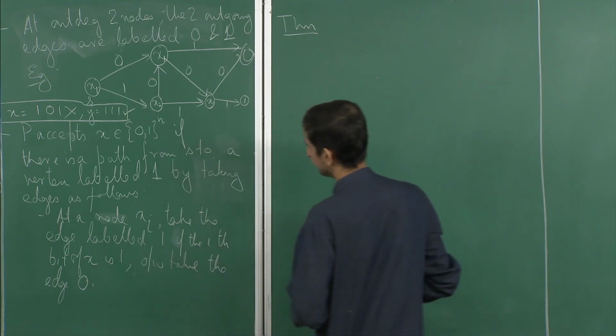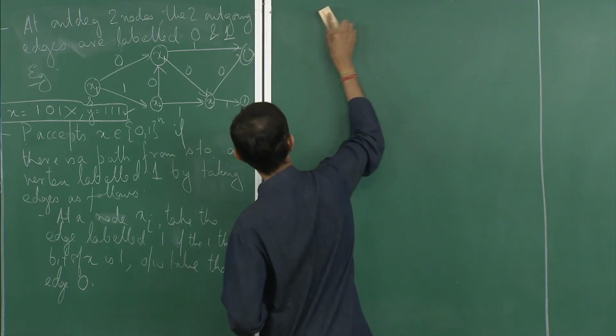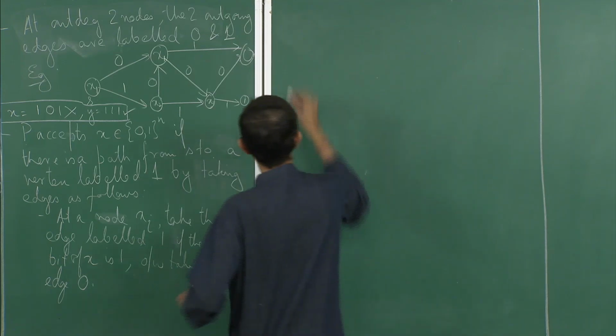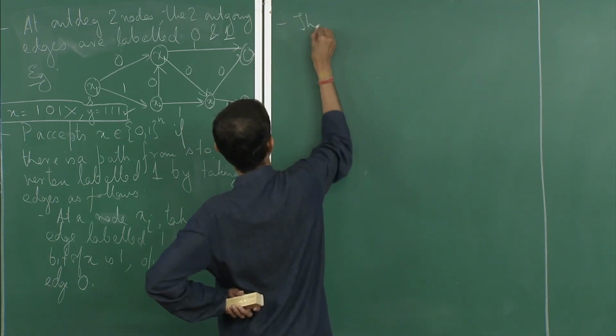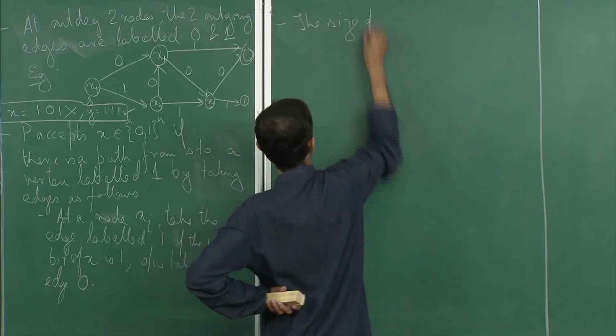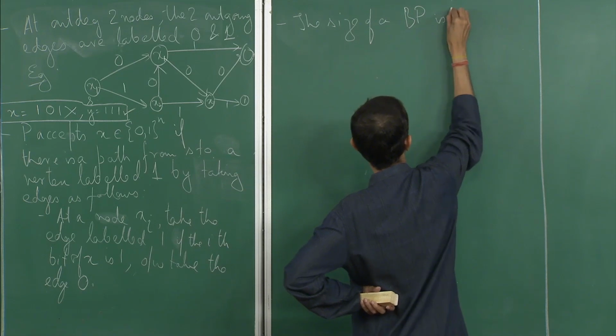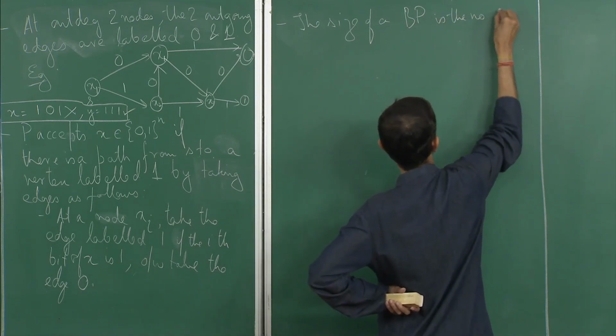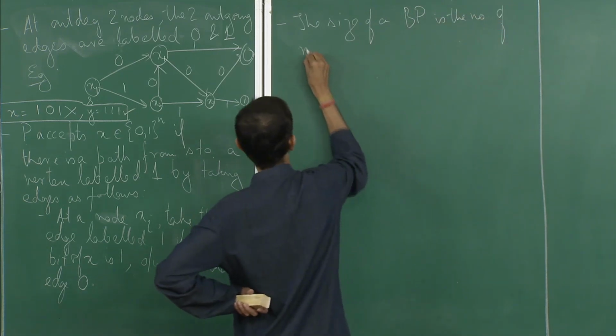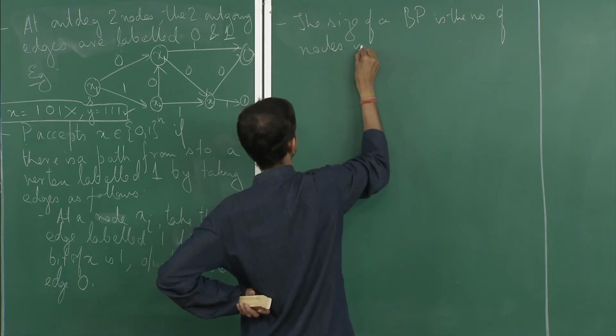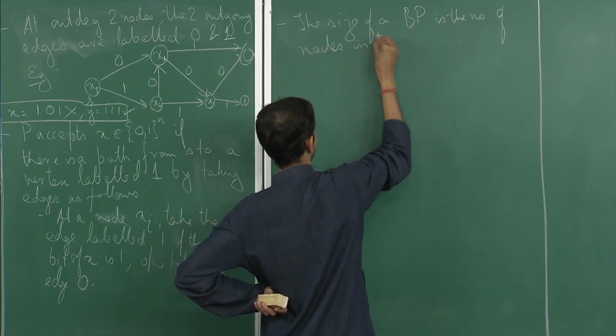Before I state this theorem, just a couple more definitions. The size of a branching program is the number of nodes in it.